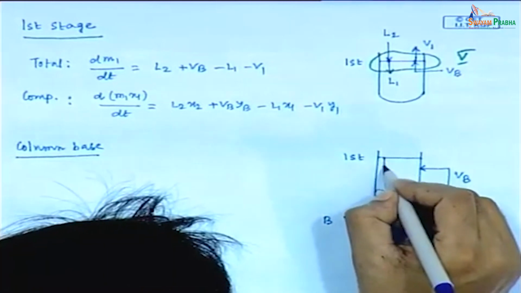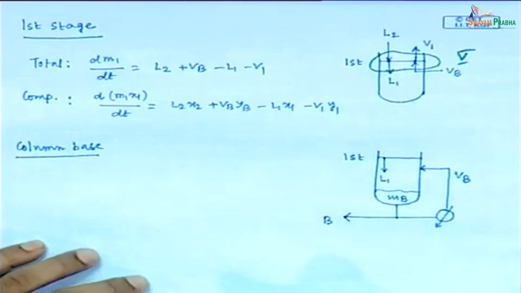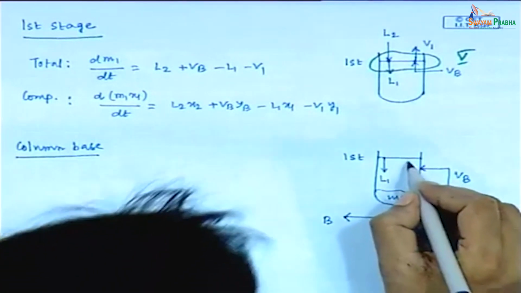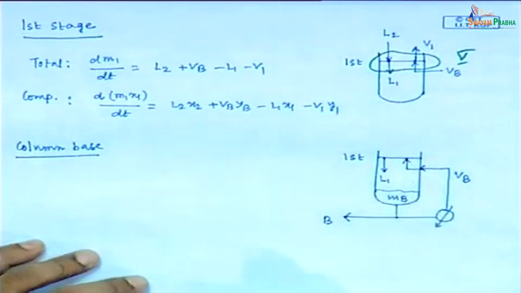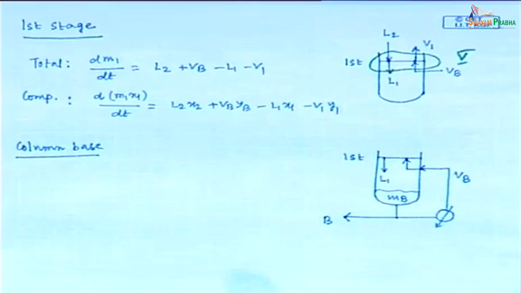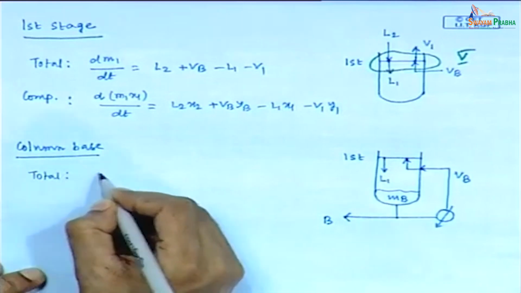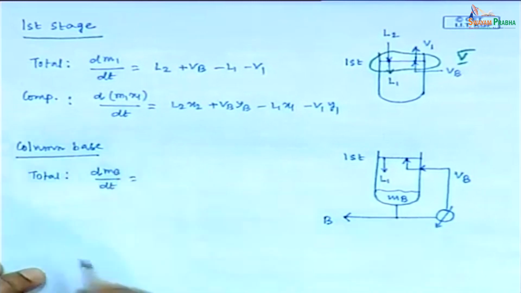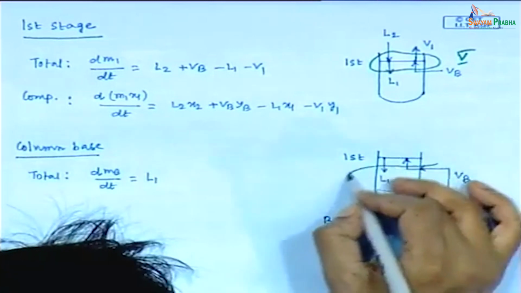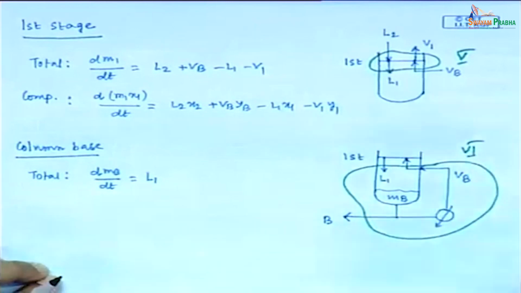The liquid stream which is leaving first stage has the flow rate of L1, and this Vb is actually introduced to the first stage. Fine. So, what will be the total mass balance? dMb/dt equals... this is the sixth envelope.